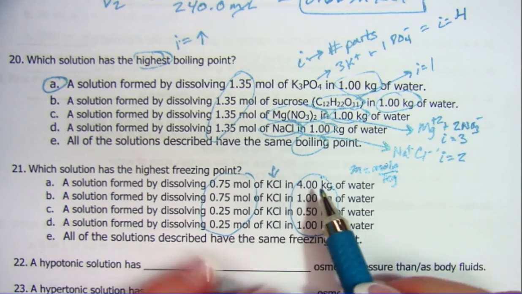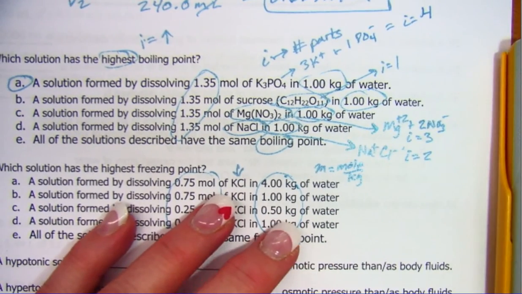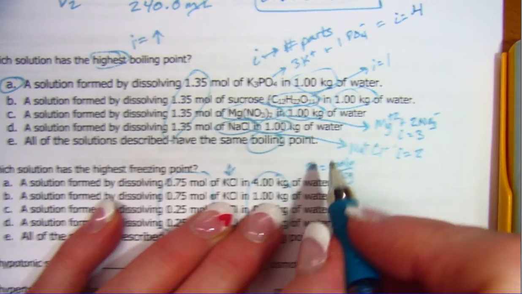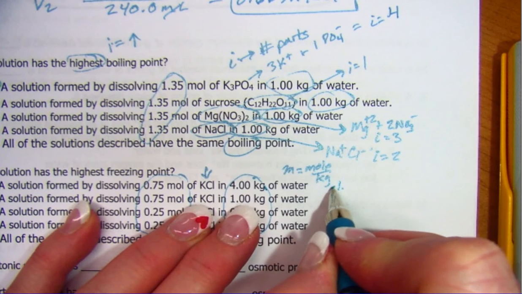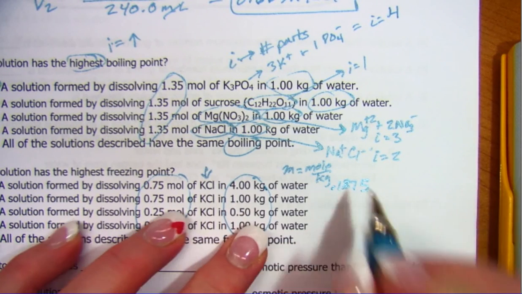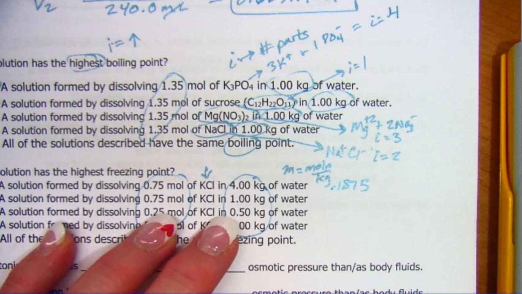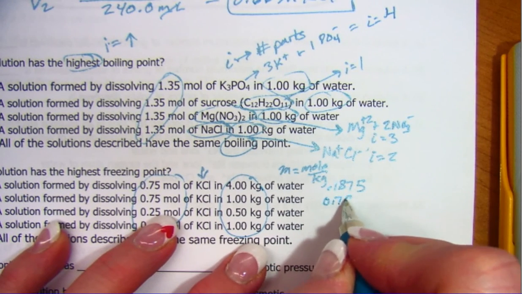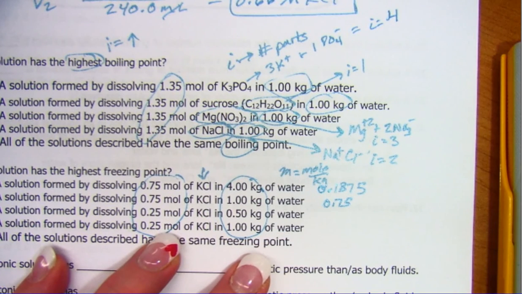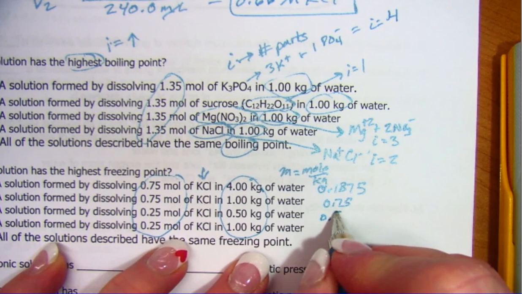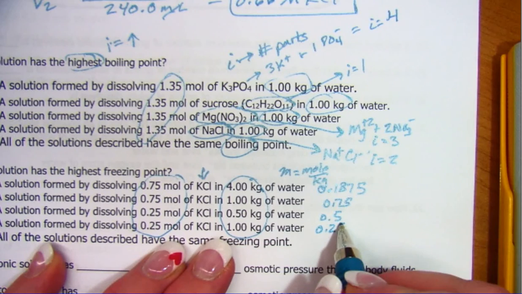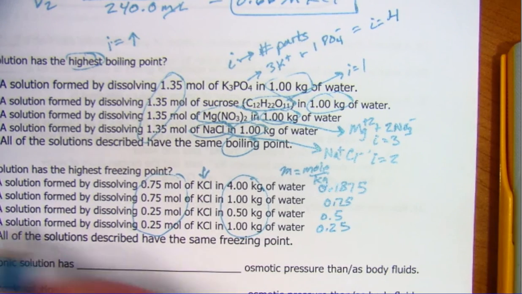So just quickly put these in real fast into your calculator. 0.75 divided by 4 gives me 0.1875. 0.75 divided by 1 is 0.75. 0.25 divided by 0.5 is 0.5. And 0.25 divided by 1 is 0.25. So I'm looking for the one that's biggest. It would be B.